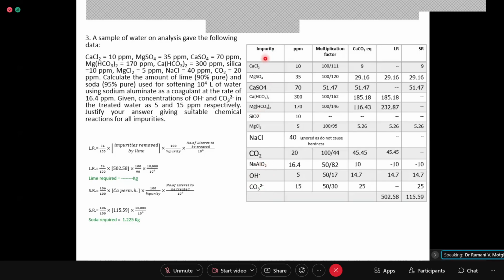Anyway, these are the impurities. Still, it will work. So what we see is that the treated water analysis means after softening of these many liters of water with lime and soda, this was there in excess. So you are supposed to calculate the amount of lime and soda that were used. It should be like that sentence.